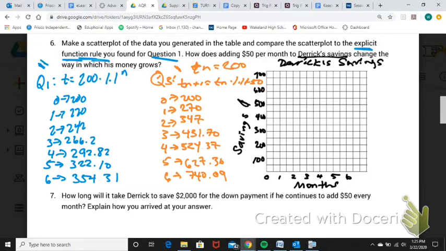So I'm going to start with our blue right here. So this is just, he has that $200 and he's getting interest, not adding anything else to it. So he's going to be at 200 after just starting out. After a month, he gets $20 added onto it. He gets a little more added onto it after the second month. Third month, gets a little more added onto it, and so on.